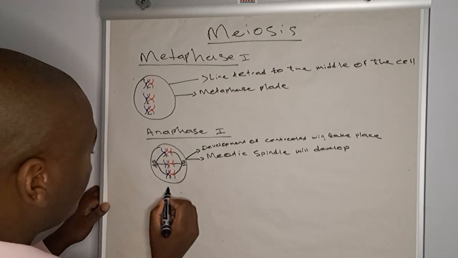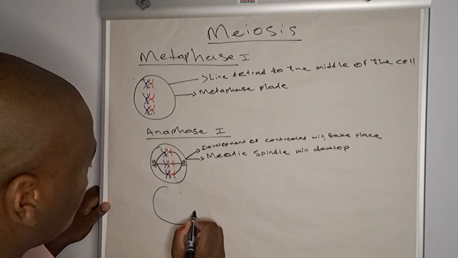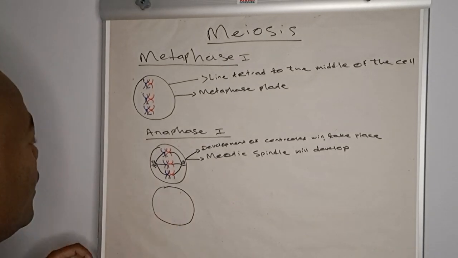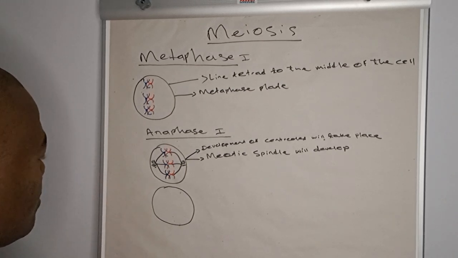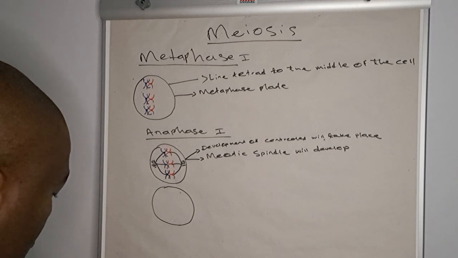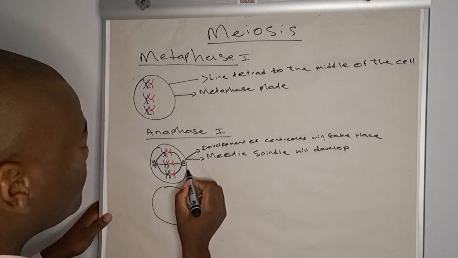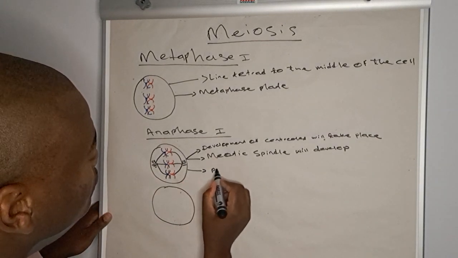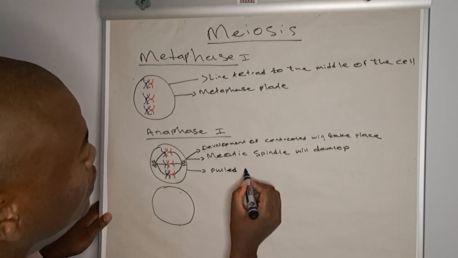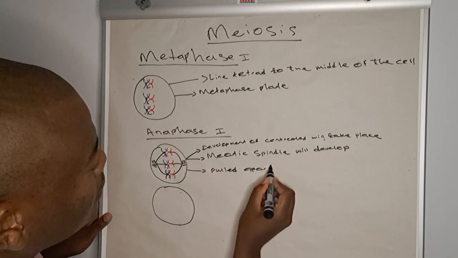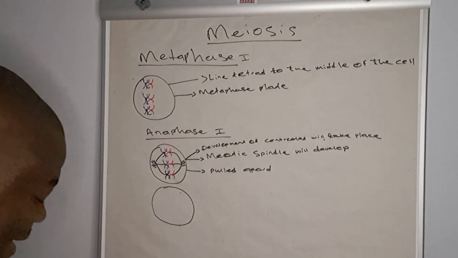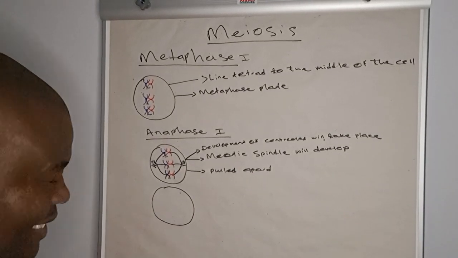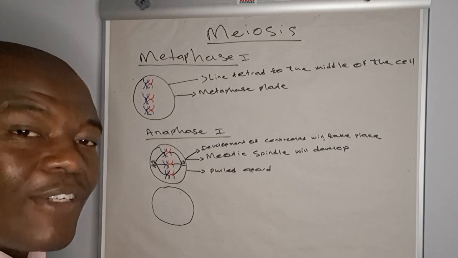Now let me give you something to show you how those things will be pulled apart. Because here they will be pulled apart. If they will be pulled apart, also the process is telling us that we are approaching the telophase.